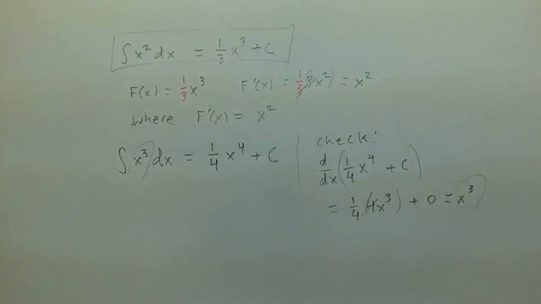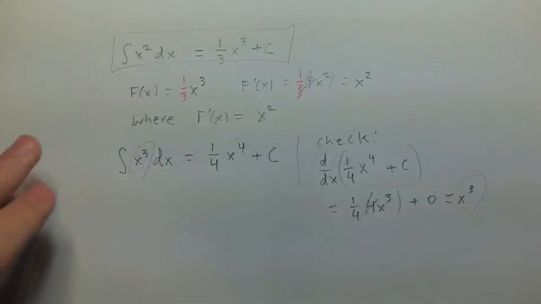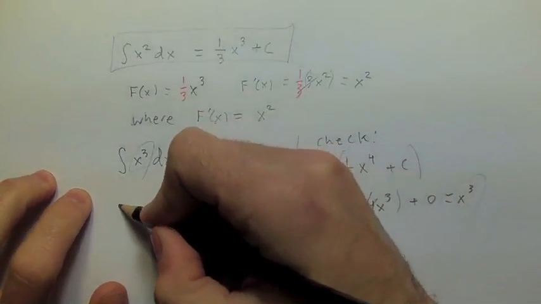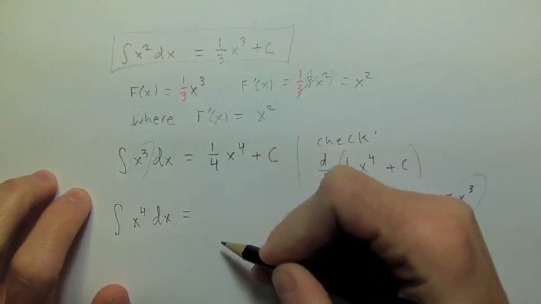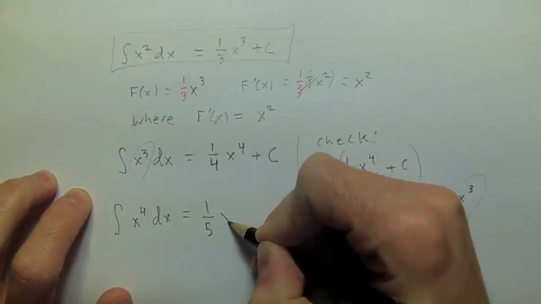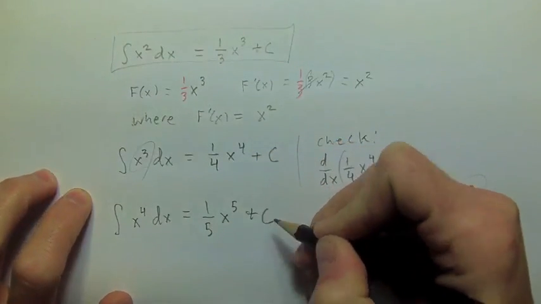So as you can see, this is kind of like a backwards power rule. We don't bring the power down with multiplication and subtract 1. We go in the opposite order and do the opposite things. We add 1 to the exponent and divide by that number, because the antiderivative of x to the 4th dx is going to be 1/5 x to the 5th plus c.